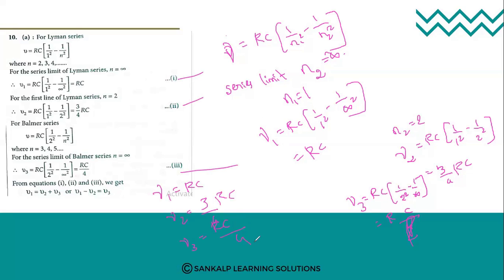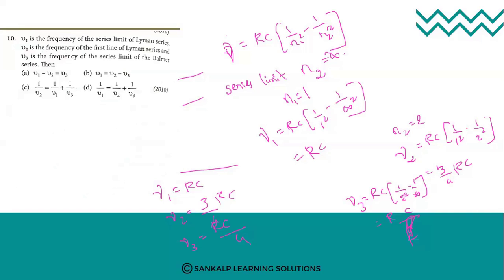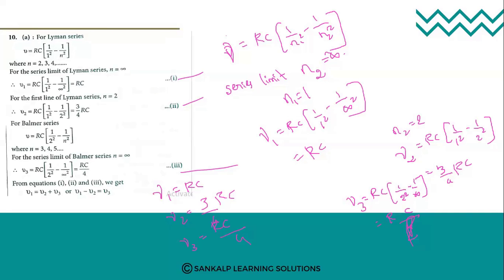What you can judge here is either nu 1 is equal to nu 2 plus nu 3, or the difference of the first and the second frequency will be the third one. So we can go with option A, that is, the difference of the frequencies is equal to the third frequency.